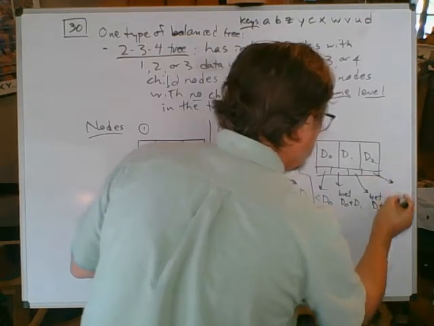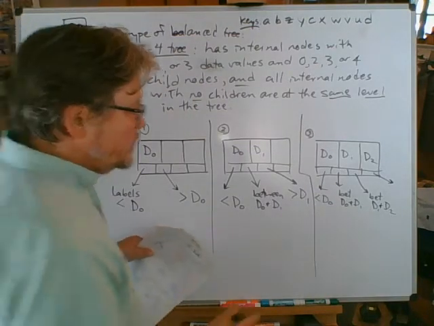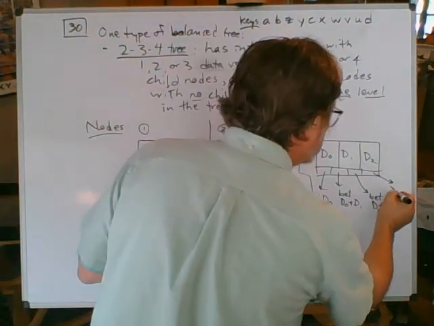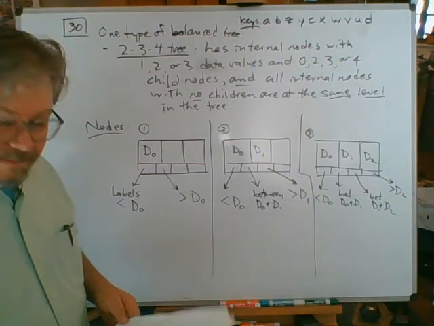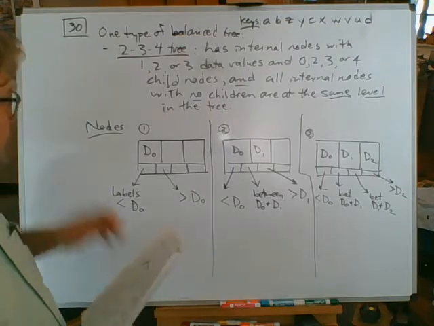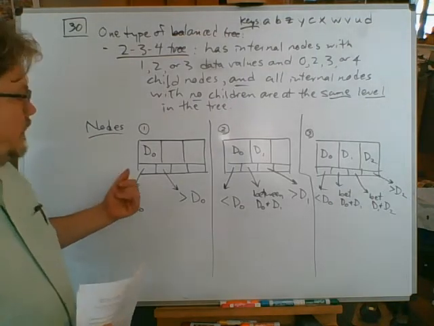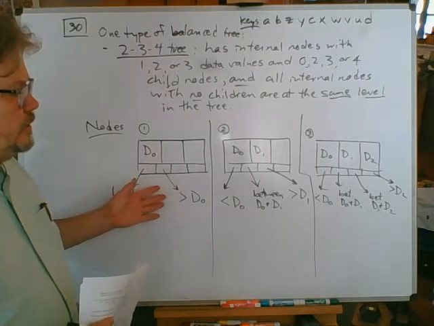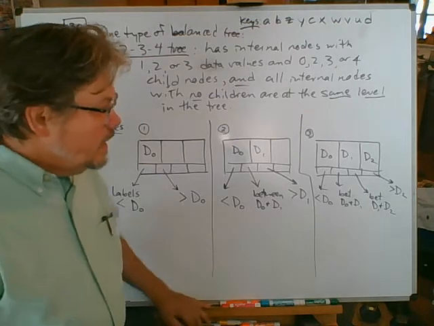And the far right, the fourth child, are the labels of all the internal nodes that are greater than D2. There. From the fairly simple, the equivalent of a binary search tree node, to the wild and crazy. 3 data values, 4 kids.